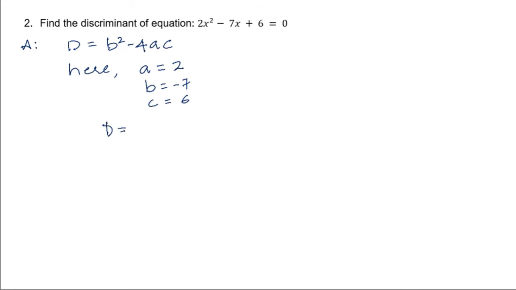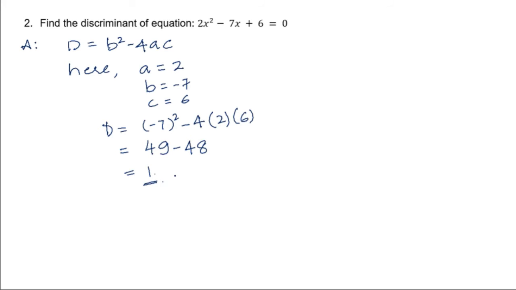Therefore, the discriminant is negative 7 whole square minus 4 times 2 times 6. Minus 7 whole square is 49, minus 4 multiplied by 2 is 8, 8 6 times is 48. So 49 minus 48 is 1. They have just asked to find the discriminant, hence the value of discriminant is found.